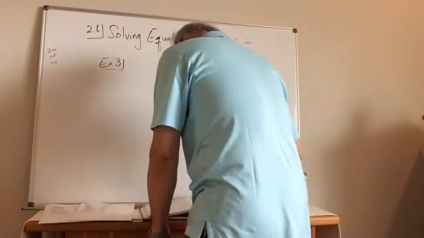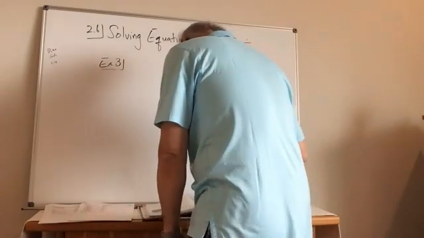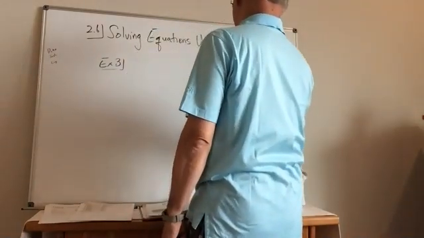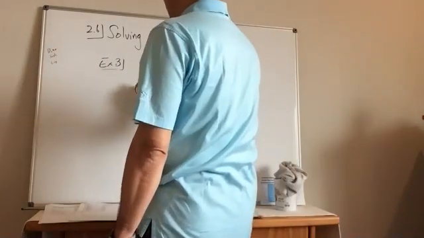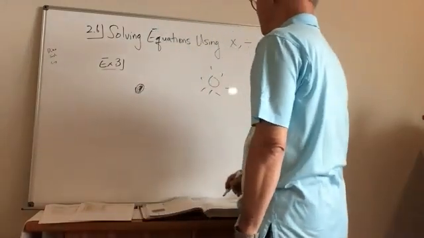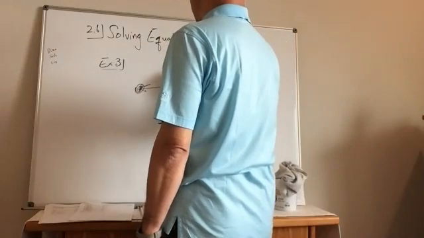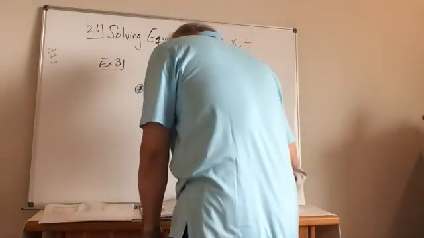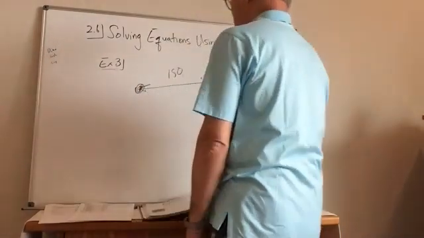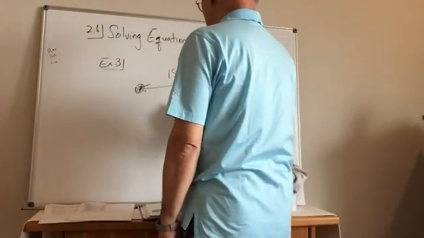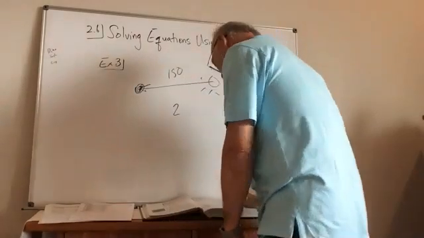How long did it take that solar wind to reach Earth? So you have the sun, you have the Earth here, okay? The solar wind is going to travel from here to here. It takes 150 million kilometers.